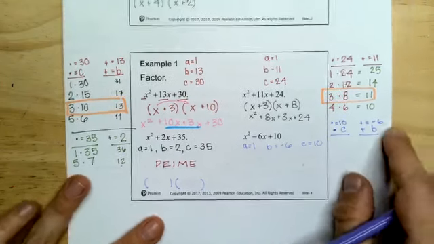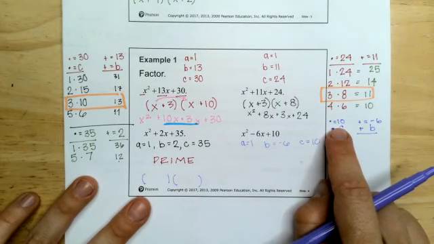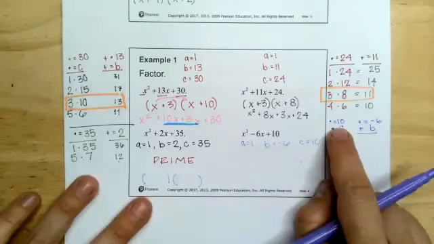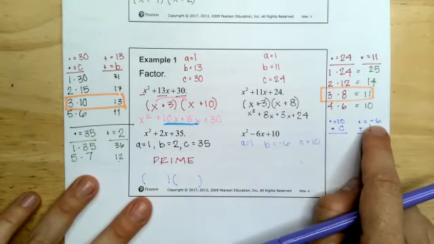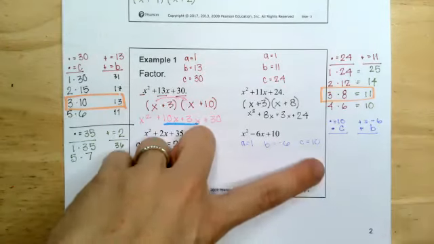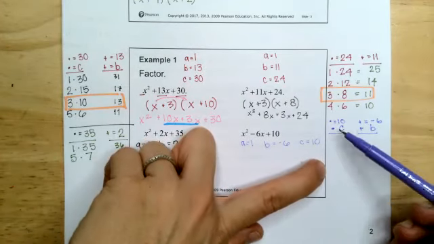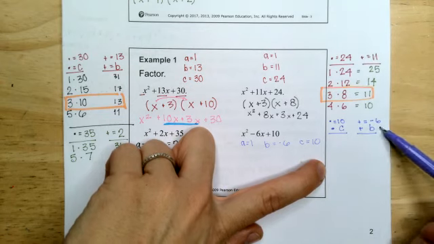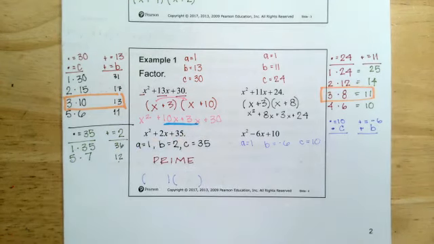So this is a good example of you have a positive number you're multiplying to get, but you have a negative number when you add the numbers. So you need two numbers that when they're multiplied, they're positive, but when they're added, they're negative. So if we think about that, then we're only going to include the negative factors of 10. Does that make sense?